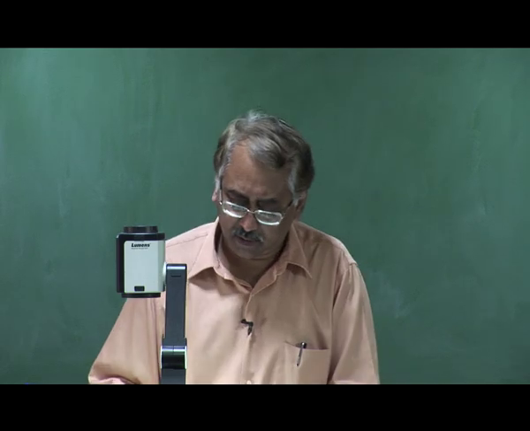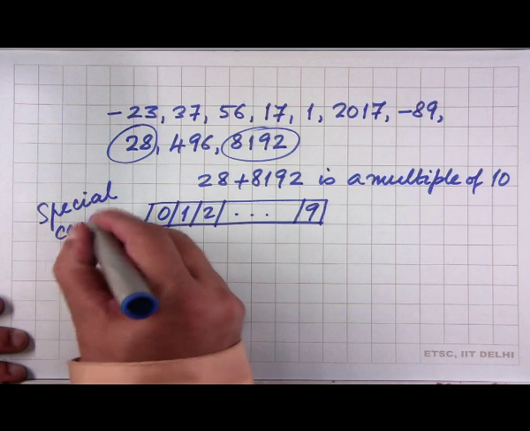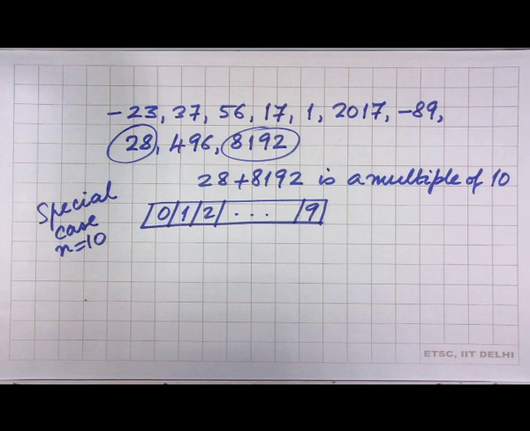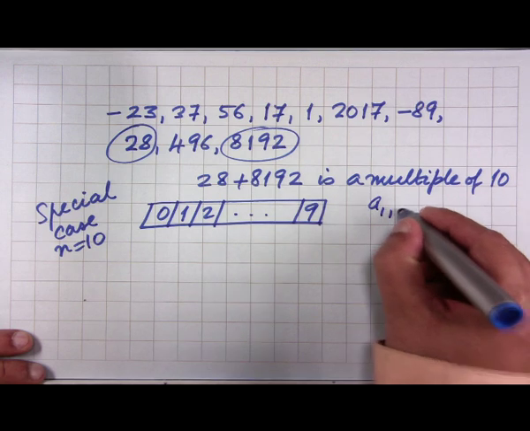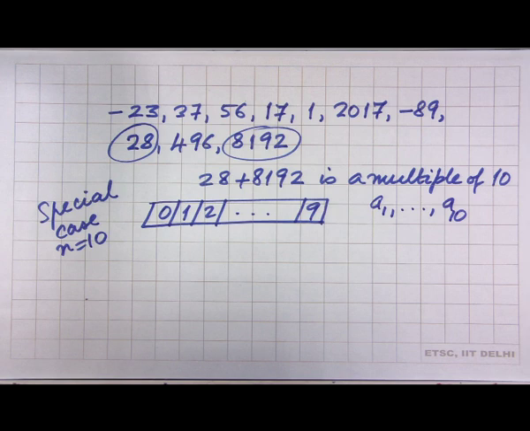So let me just take the special case n is equal to 10. So now I'm taking any 10 numbers. Let's just call this A1 through A10. These are 10 integers. And to go with these 10 integers, I have 10 boxes. These boxes are labeled 0 to 9.